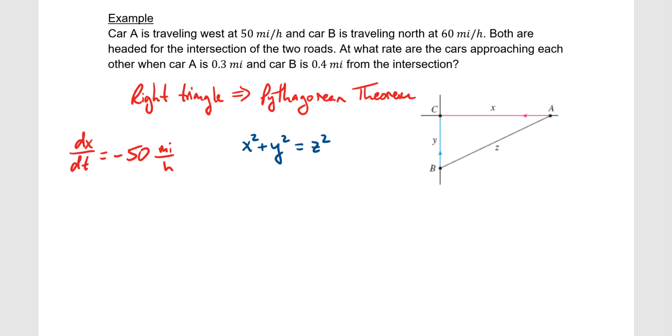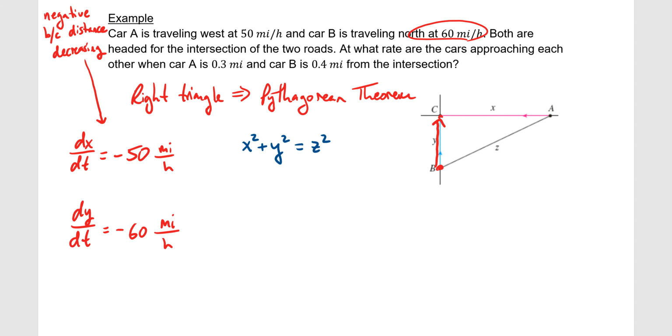The reason is that the distance between A and C is decreasing, so the rate has to be negative. Same thing for B to C. The distance is decreasing, so dy/dt has to be negative as well, so negative 60 miles per hour. That's, in my opinion, the main tricky thing for this question.